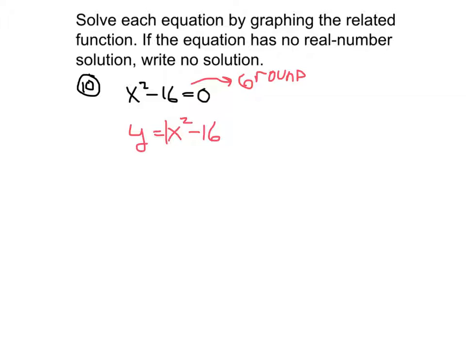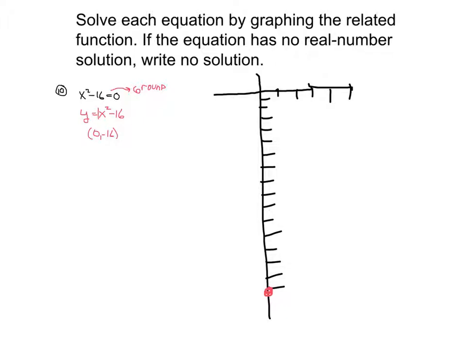Since there's no middle bx term, this problem is easier, so we could just simply graph the y-intercept at negative 16. The vertex has to go through 0, negative 16. So our vertex is at 0, negative 16, and then we will be going from there. Our a value is 1, so we're going up 1 over 1 to both sides.